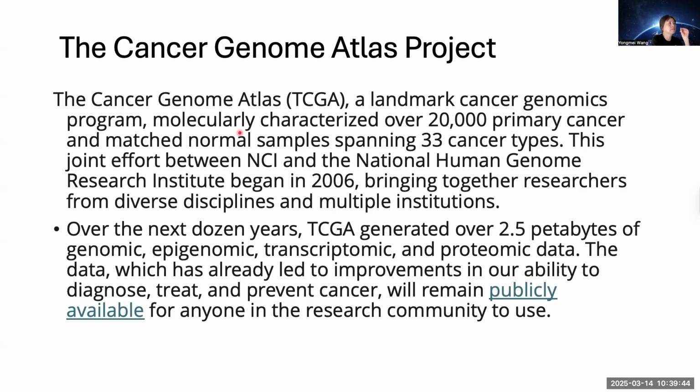Their goal is to molecularly characterize over 20,000 primary cancer and matched normal samples, spanning 33 cancer types. This is a joint effort between the National Cancer Institute and the National Human Genome Research Institute that began in 2006.